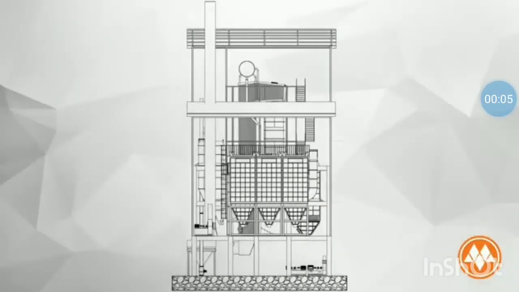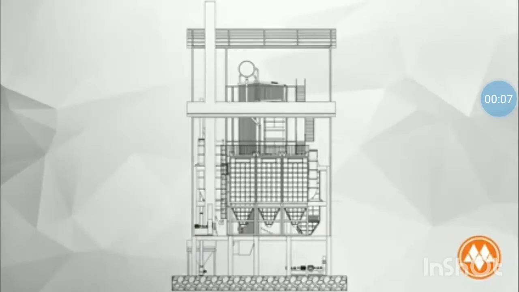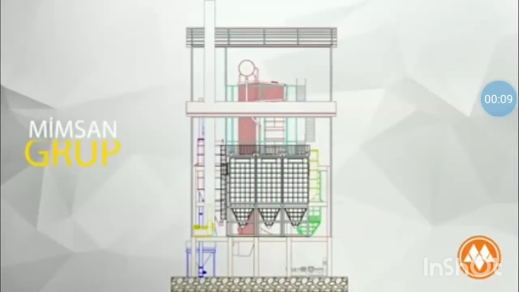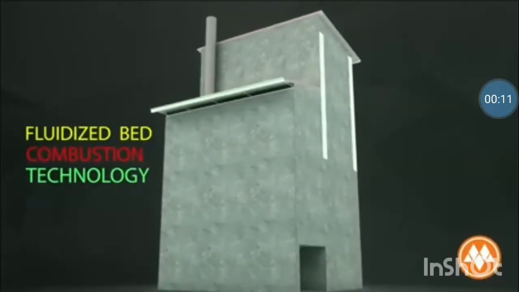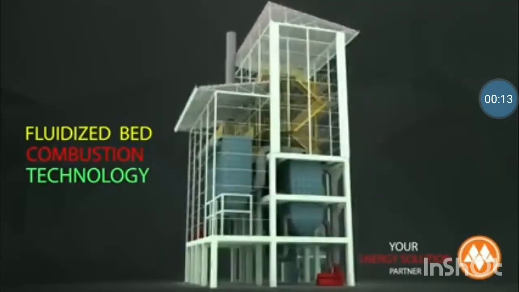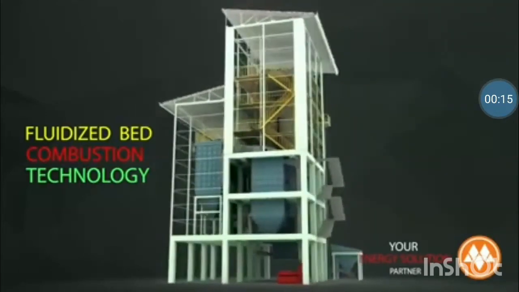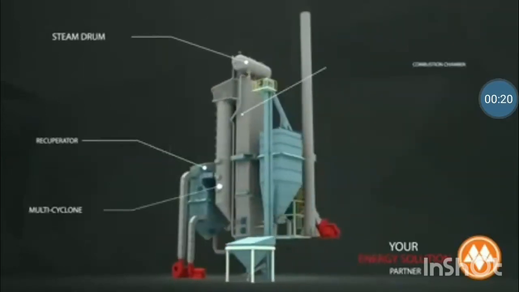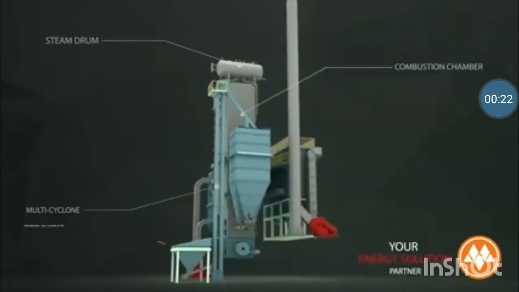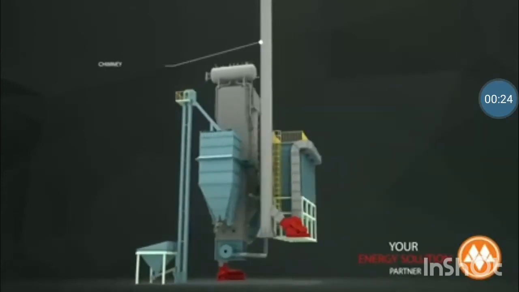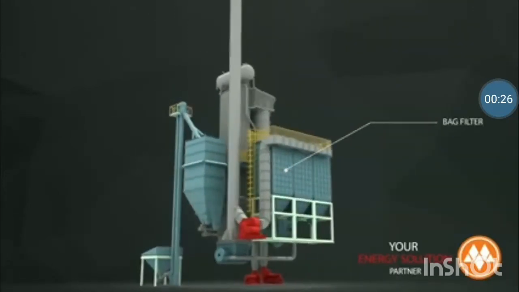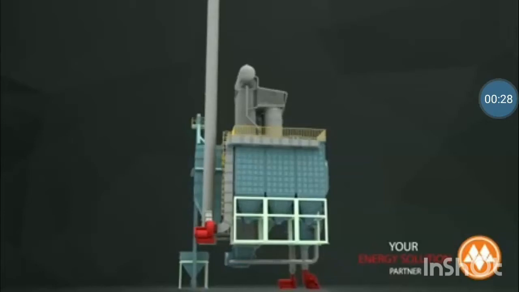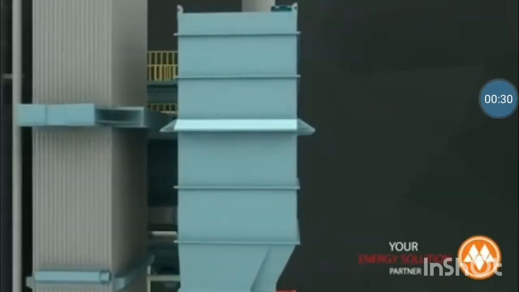This is the line diagram of a circulating fluidized bed boiler. This is the combustion technology. You can see the different components: chimney, combustion chamber, boiler, water tubes.